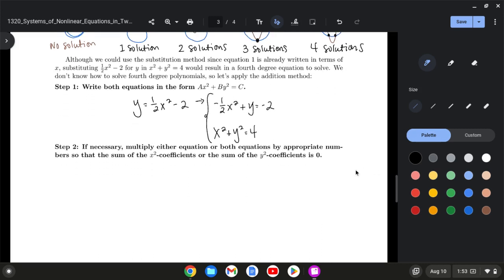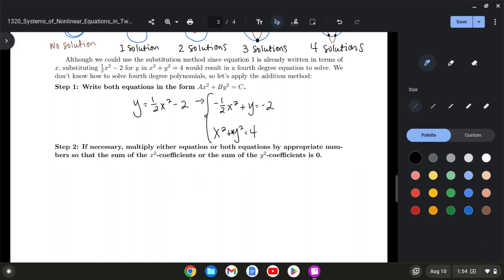Now we're going to eliminate one of our variables. How this is stated, it says multiply either equation or both by appropriate numbers so that the sum of our x squared or y squared coefficients is 0. Now, in the past, I've told you it doesn't matter if you want to eliminate your x's or your y's. Well, in this case, it does matter.